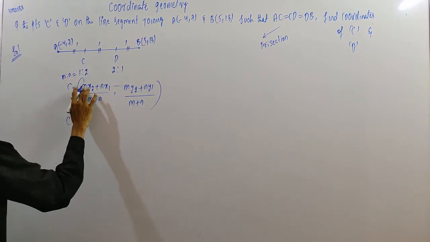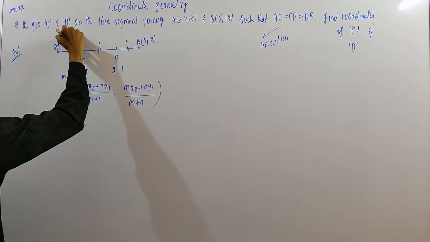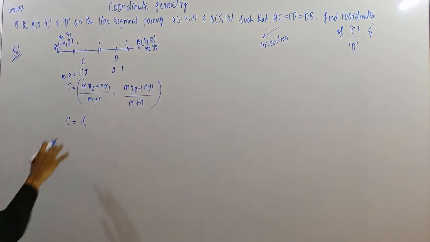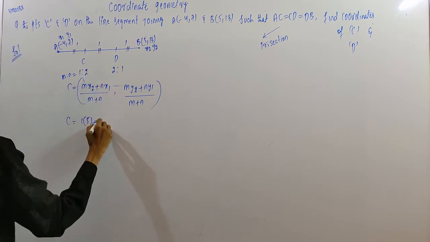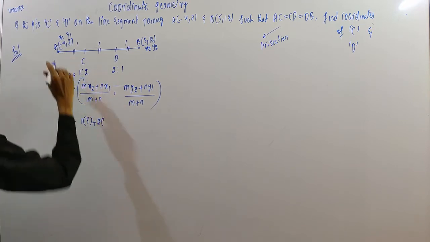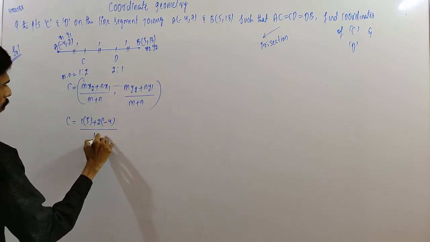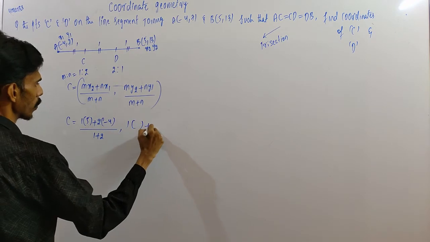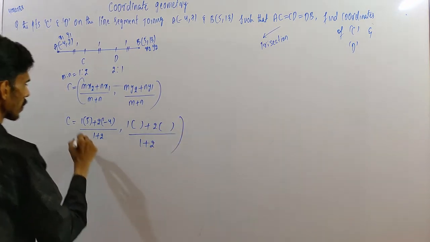So m value is 1 into x2. Take this as x1, y1 and x2, y2. So we have 1 into x2, n value is 2, 2 into x1. x1 value is minus 4, divided by m plus n, 1 plus 2, comma 1 into 2 divided by 1 plus 2.